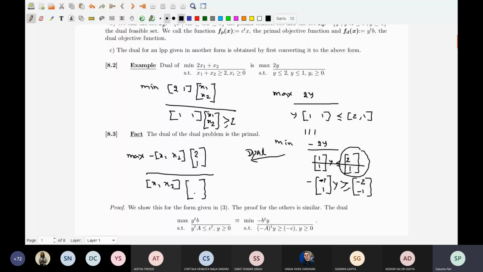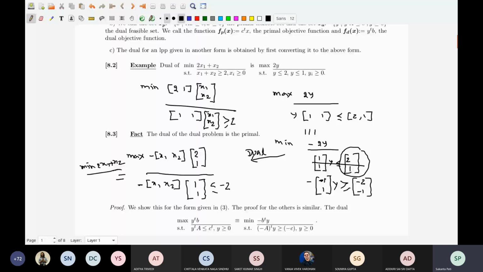So here c transpose is minus 2. So that itself is equivalent to minimize 2x1 plus x2 subject to x1 plus x2 greater than equal to 2. So which is the primal problem? This is the primal problem.